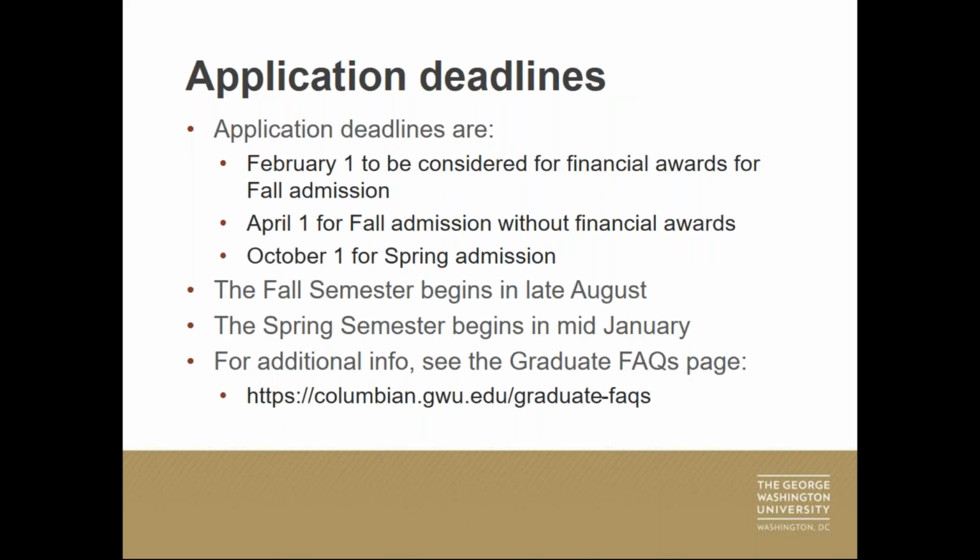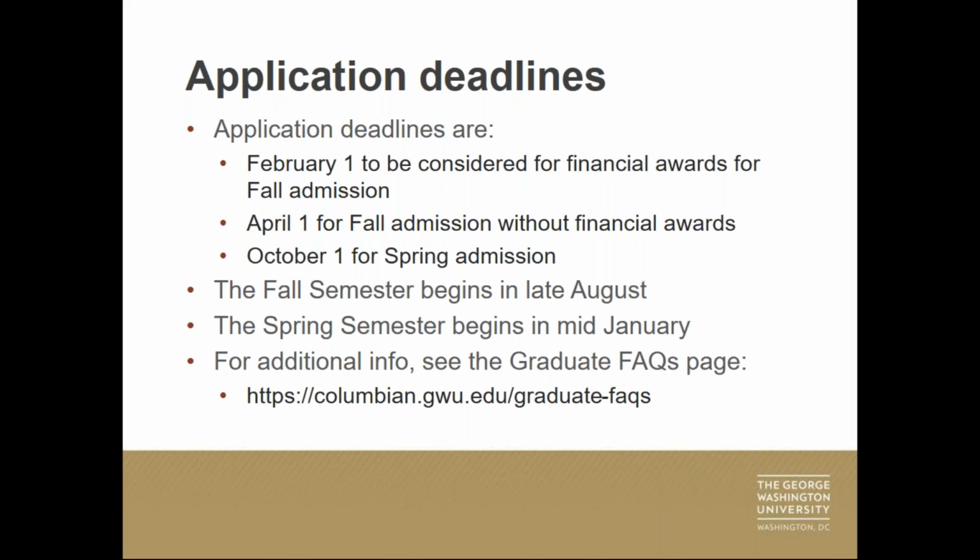Application deadlines have already passed for this fall for financial awards. The deadline was February 1st, but they were still open until April 1st for admission this fall without financial awards. We also have admissions for spring, and the spring semester begins in January, and that deadline is October 1st. There's absolutely no difference between starting the program in the fall or in the spring.